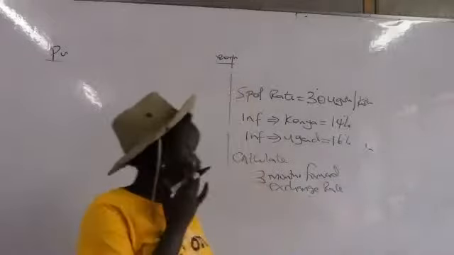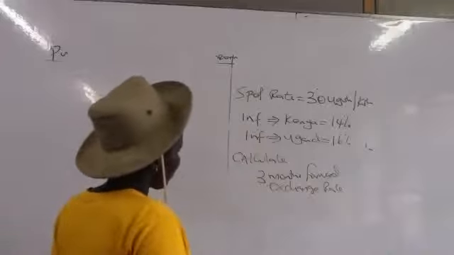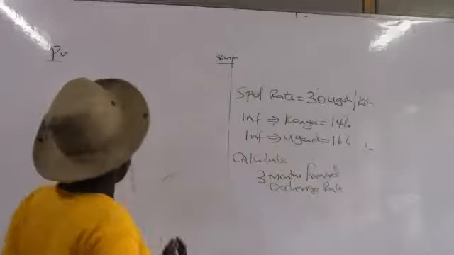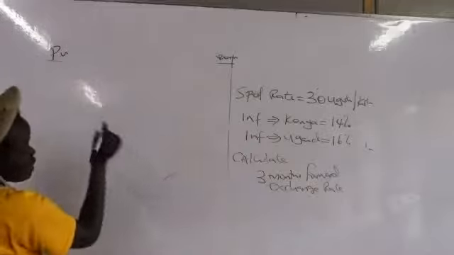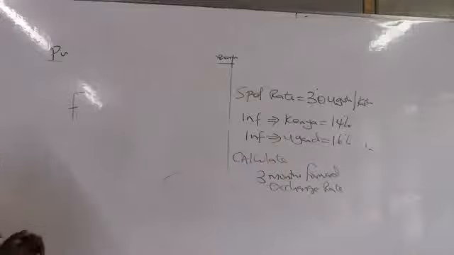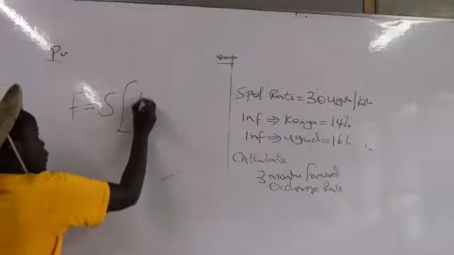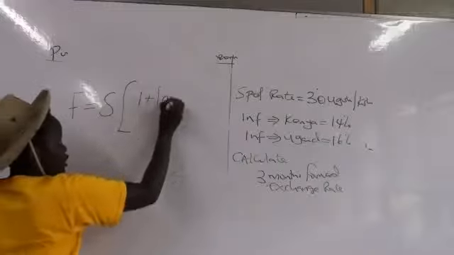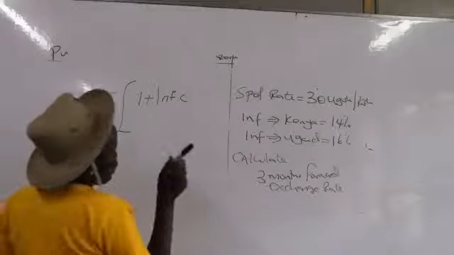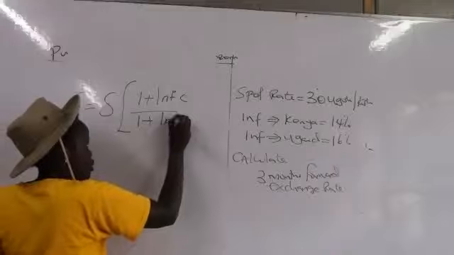Hello, my name is Sharon. We are going to do this question. We have to calculate the 3-month forward exchange rate. So let's start with the formula. We are given that the forward exchange rate equals spot into 1 plus inflation of country C over 1 plus inflation of country B. We'll identify if it's Uganda or Kenya.